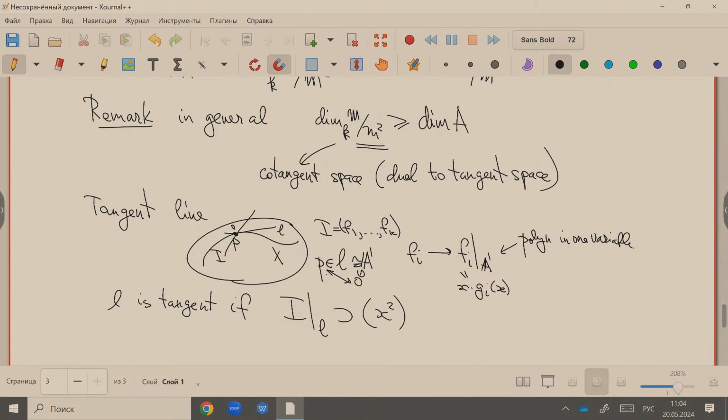That will give you the tangency. And if you think about this set of lines, one can associate it with the dual space to M modulo M squared, simply because the ideal M squared measures whether x belongs to this ideal, or x squared belongs to it.